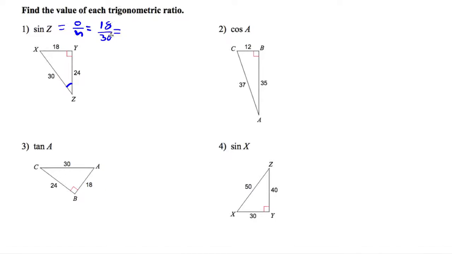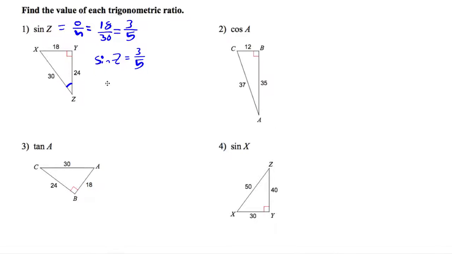They both have a common factor of 3, so we get 6 over 10. Actually, a better one we could have factored out would have been 6, so we get 3 over 5. So the sine of Z is equal to 3 over 5.